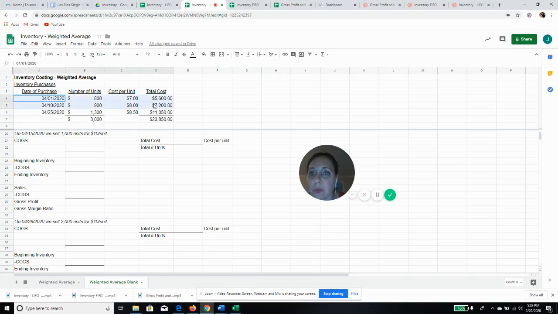And on April 15th, we've bought 2 batches. So our total cost is the total cost of batch 1 plus the total cost of batch 2, for 12,800. Our total number of units is the 800 in batch 1 plus the 900 in batch 2 for 1,700.